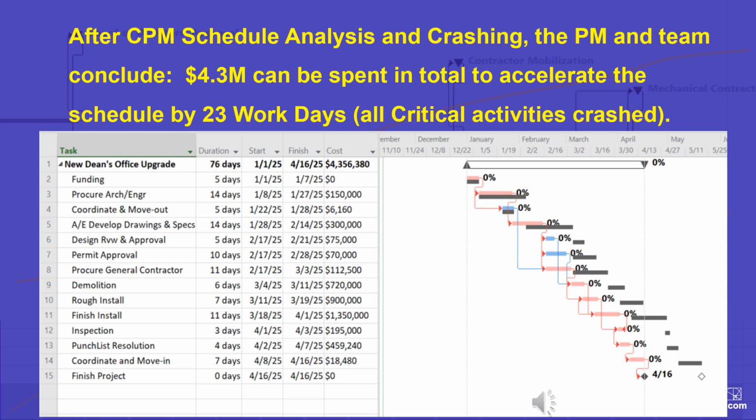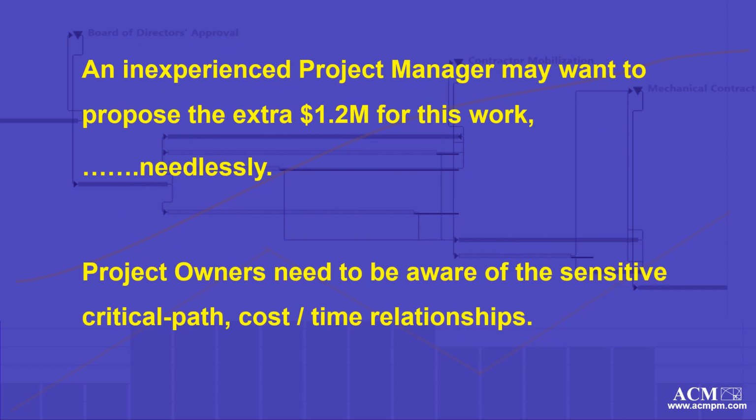However, the inexperienced project manager may want to propose the extra $1.2 million to crash this schedule, meet this timeline, and complete this work needlessly. Project owners need to be aware of the sensitive critical path cost-time relationship.